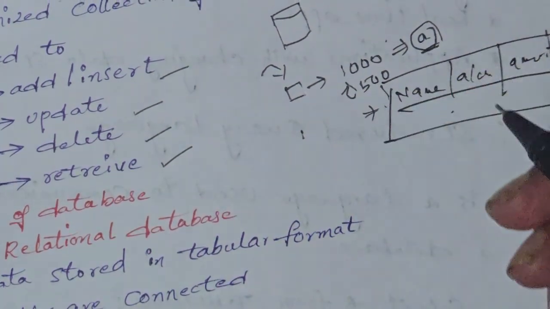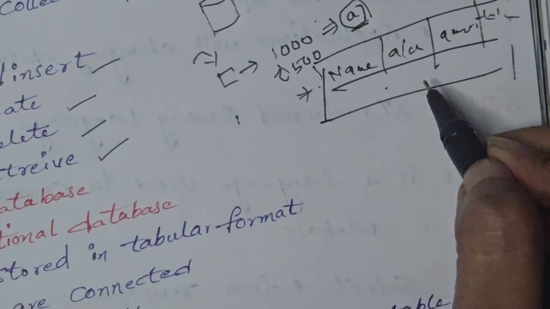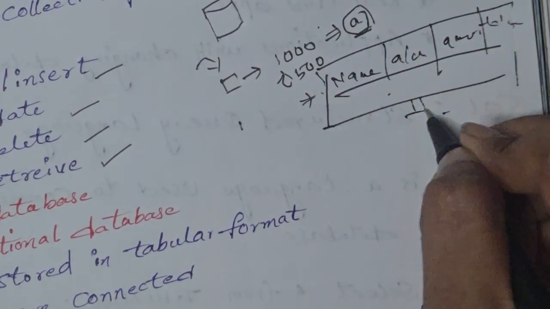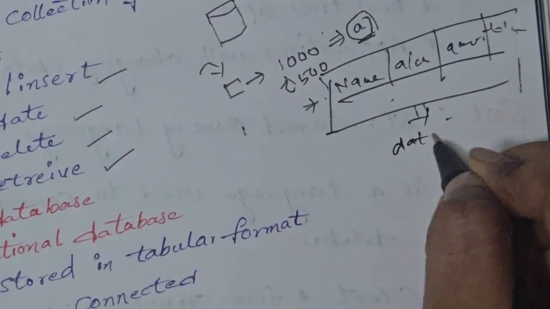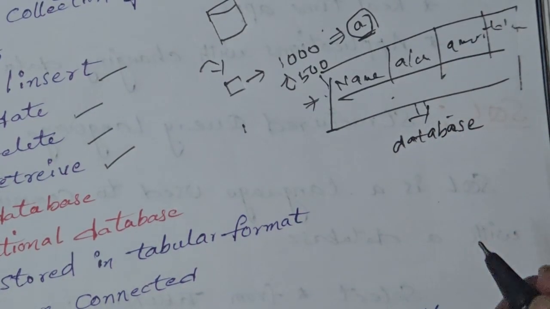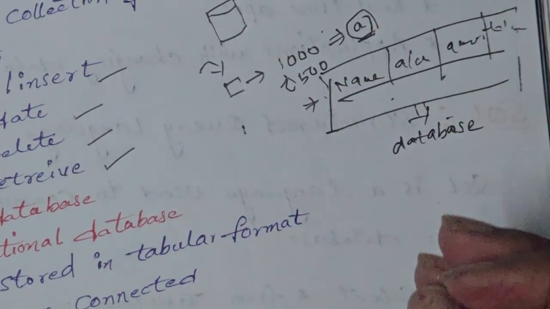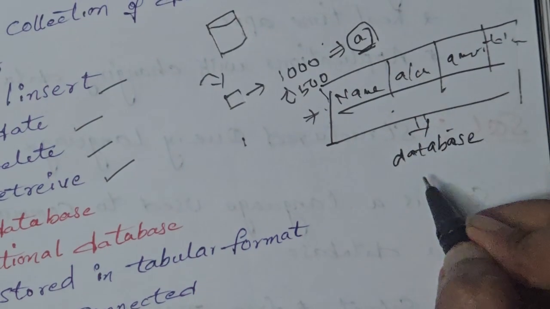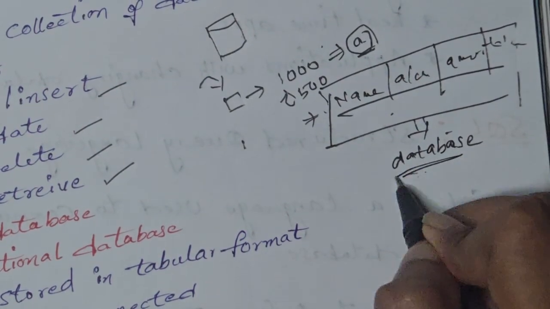So for further analysis, you need this data to be stored in some place, right? That place is nothing but a database. And this data will be stored in such a way that it is easy to insert, update, delete and retrieve. That is nothing but an organized collection of data.